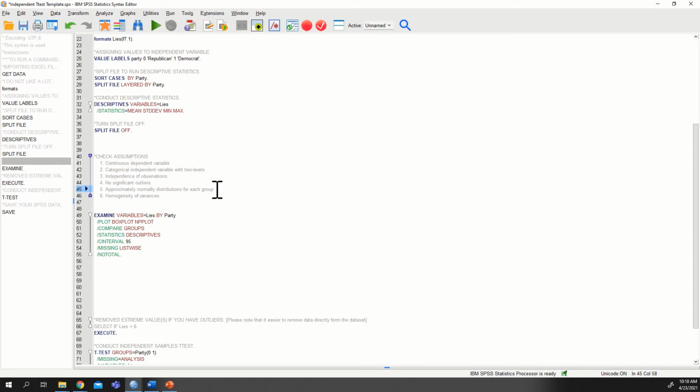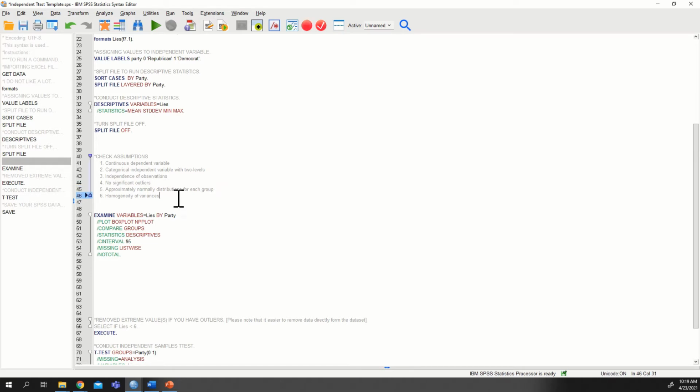So your dependent variable should be approximately normally distributed for Republicans and Democrats. In my example, violations of that could impact the interpretation of your results. Since we're trying to make an inference about the population, which is approximately normally distributed, your groups should also follow that same distribution.